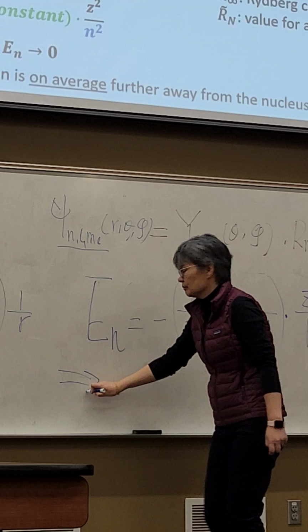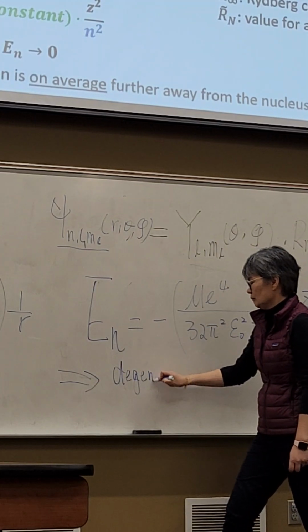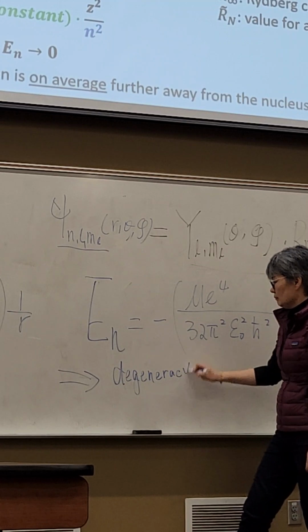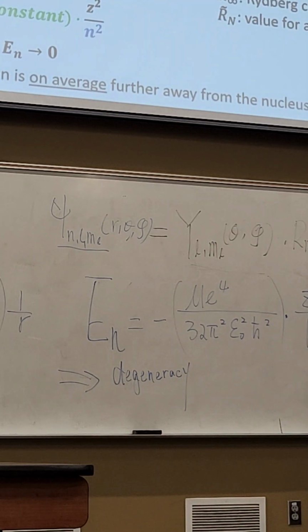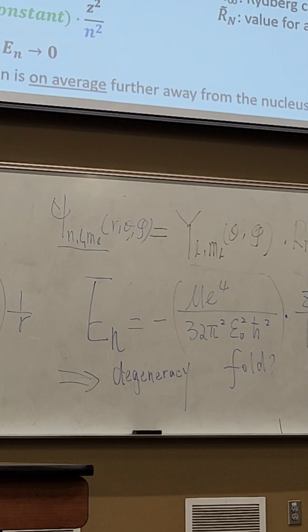What is it? Degeneracy. Degeneracy. Now, what kind of fold? Once we have a degeneracy, then we think about 1 fold, 2 fold, 3 fold, 4 fold.